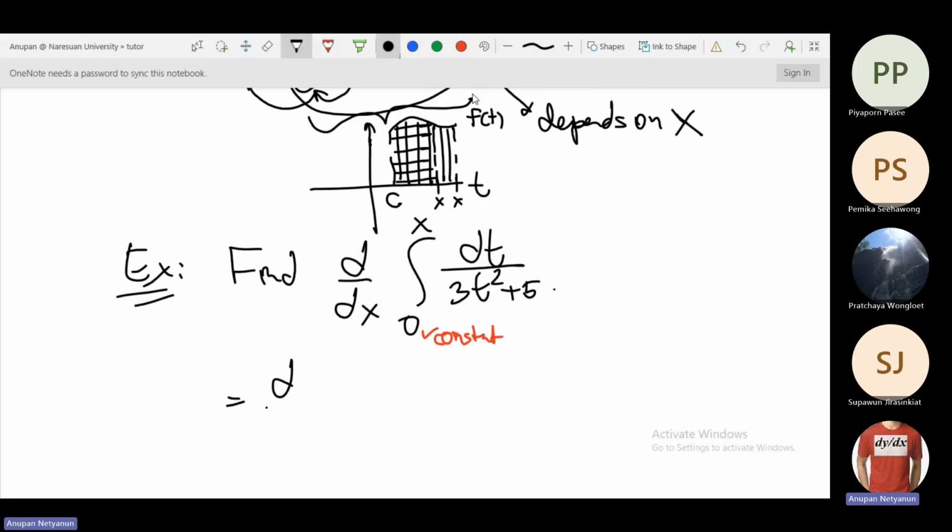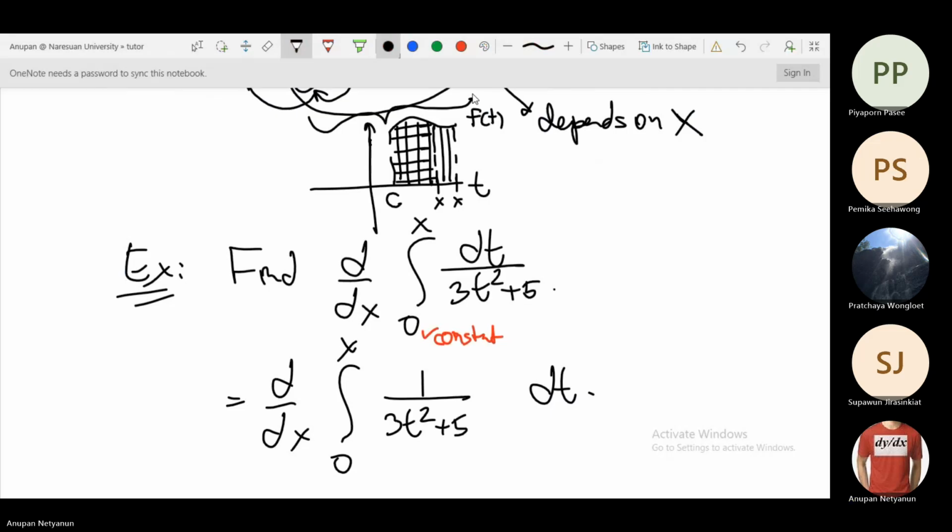So this one is equal to d by dx of the integral from 0 to x. Well, I'm going to move dt outside, so I'm left with 1 over 3t squared plus 5. And this is my f of t. Now, this is already a constant, and I can determine f of t.